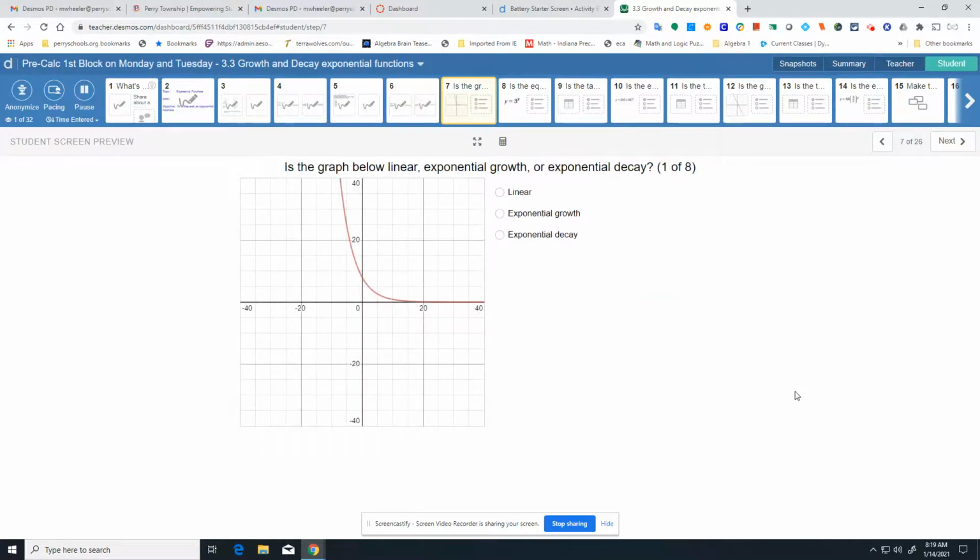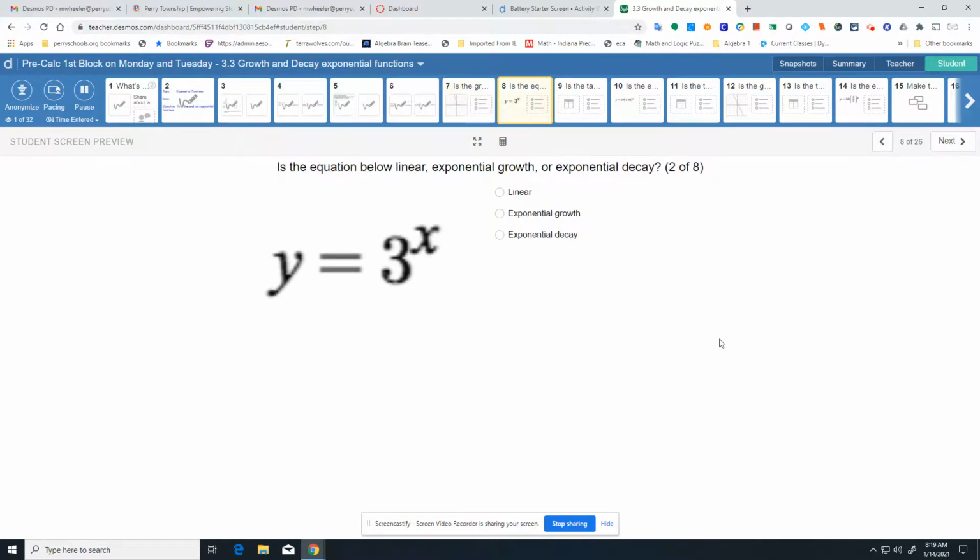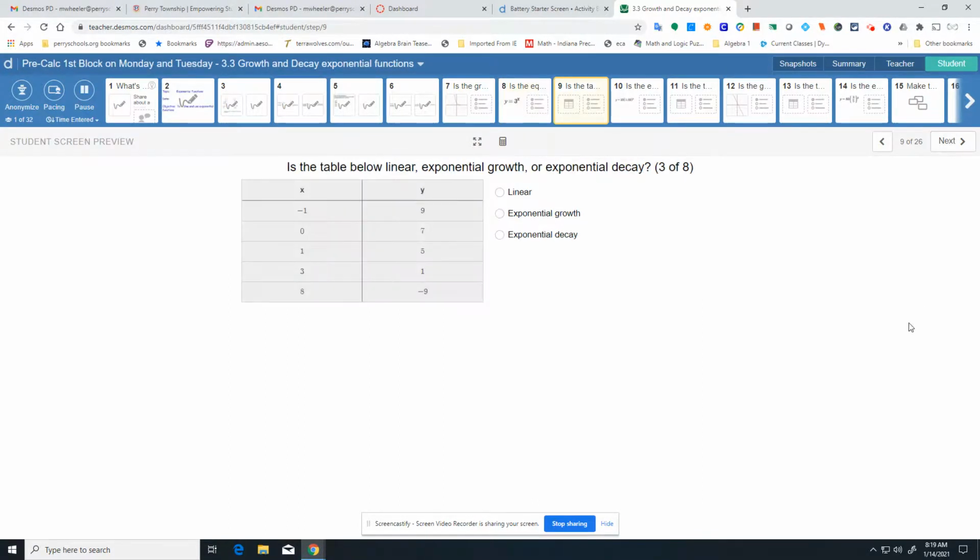All right, growth or decay? This one is decay because it's going down. This one is growth because the 3 is bigger than 1. On this one, it's going down by 2, 2, 4. But you look over here, I'm going to think it's linear, because if I did the difference of y's over the difference of x's, it's going to be the same amount each time.